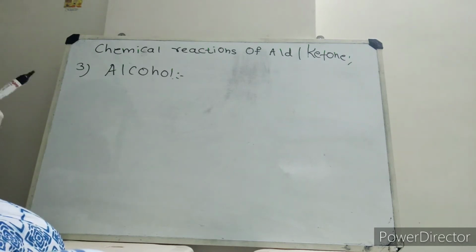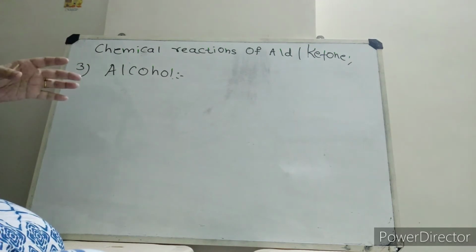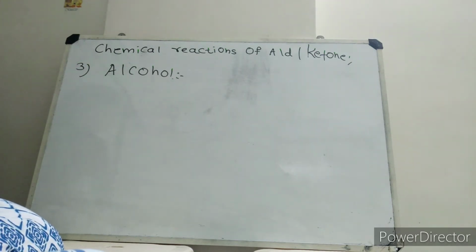When an aldehyde reacts with one molecule of the anhydrous monohydric alcohol in presence of the dry hydrogen chloride, it gives the alkoxy alcohol known as hemiacetal, and when it further reacts with one more molecule of anhydrous monohydric alcohol, it gives geminal dialkoxy compound known as acetal.